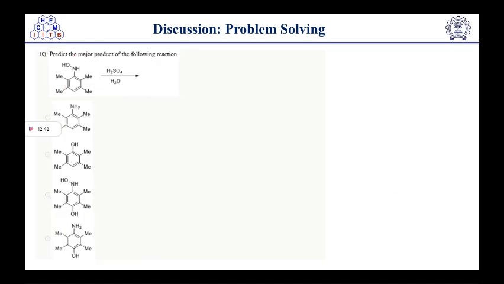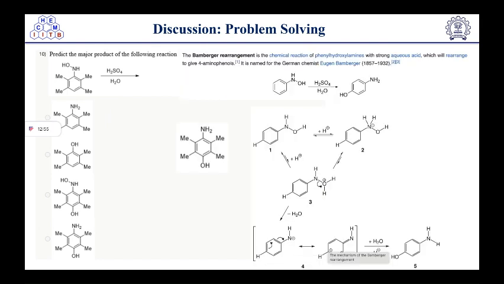Okay. Then next, predict the major product of the following reaction. So here we have acidic condition and water, right? So this name reaction is known as the Bamberger rearrangement.